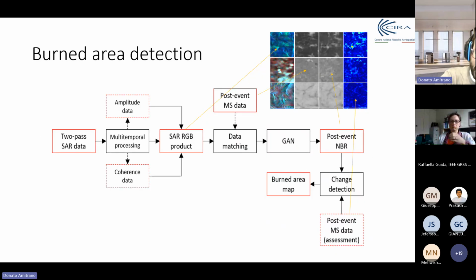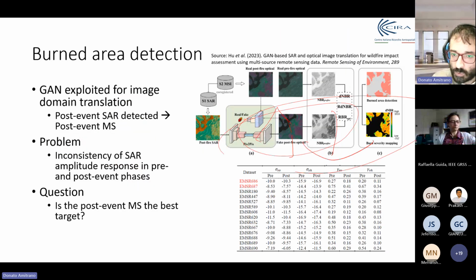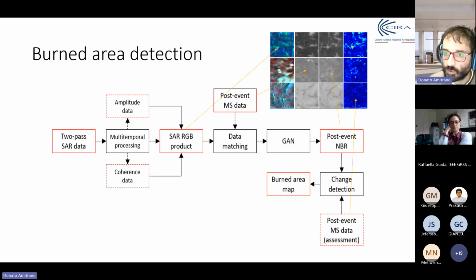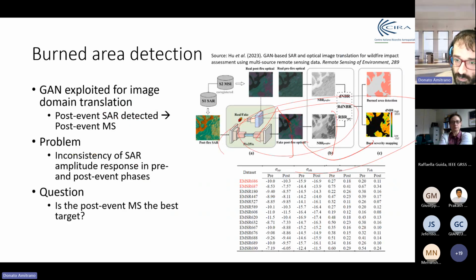As for the translation target, why don't we use the post-event NBR? Now, in the literature, we are using the post-event multispectral, but we can use also the NBR. So we can target directly a coherent composition. So I have both amplitude and phase, because the phase is stable. Can you see here, the coherence is constantly decreasing in the post-event phase because the distribution is changing.